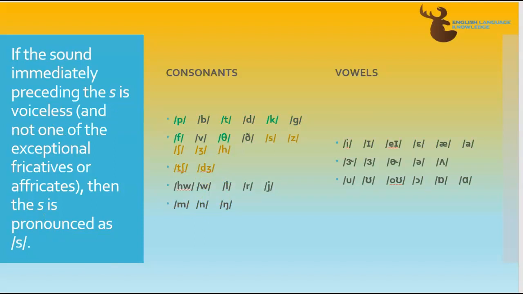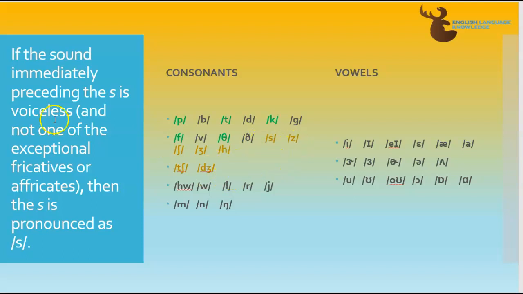Okay. If the sound immediately preceding the S is voiceless, then the S is pronounced as S. So we also have to keep in mind that that sound, yes, preceding the S has to be voiceless, but it cannot be any of the exceptional fricatives or affricates that the rule would not apply to, which would be the ones in brown again.